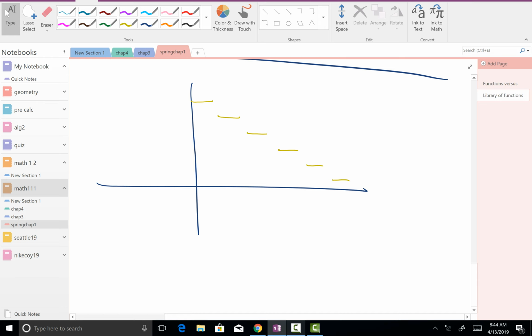Y equals functions floor x. I have a quick question. Yeah. Did you happen to draw this? I found it. Nope, I didn't think so. No, I didn't. Floor x. So let's look at this one.